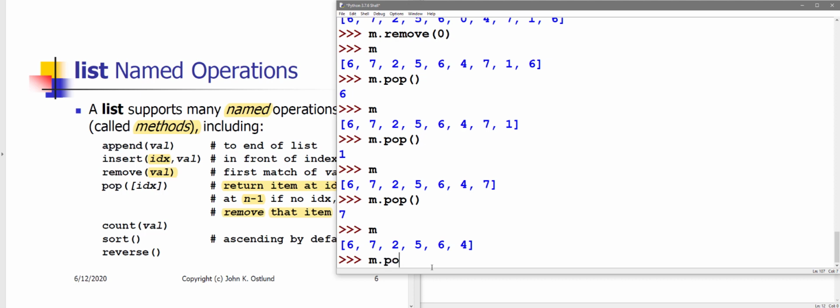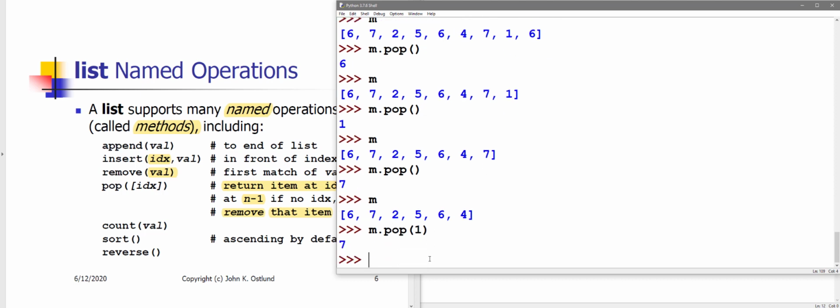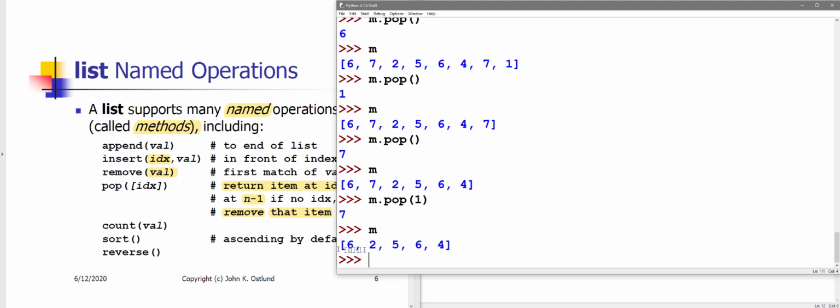So I can say m.pop 1 to remove item sub 1, which is this other 7. All right, so now I've done 4 pops, and what had been a list of 9 items is now reduced to a list of 5 items.